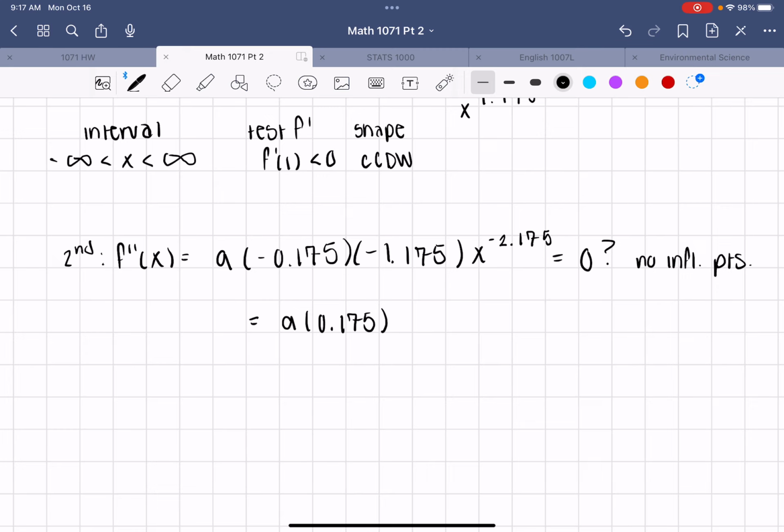Okay. And sketch your graph. And so that would be a typical learning curve. Asymptotic. Makes sense.